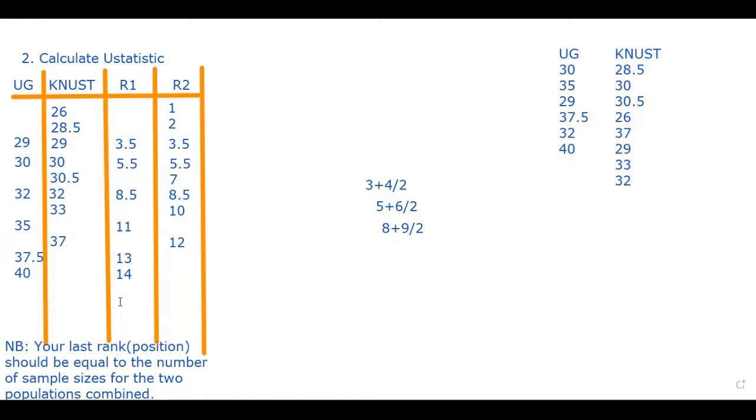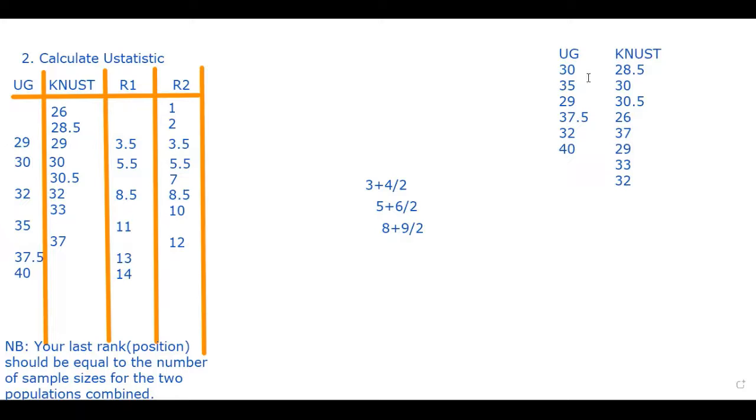So which number is the last rank here? 14. It should be equal to the number of sample sizes for the two populations combined. So when you combine the sample size for Eugene and sample size for Kenya, what do you get? So we have 1, 2, 3, 4, 5, 6, 7, 8 plus 1, 2, 3, 4, 5, 6. 8 plus 6 will give us what? 14. And you see that our last rank is what? 14. If you don't get that, then there's something wrong. You have to go back and check. Do you get what I'm trying to say?